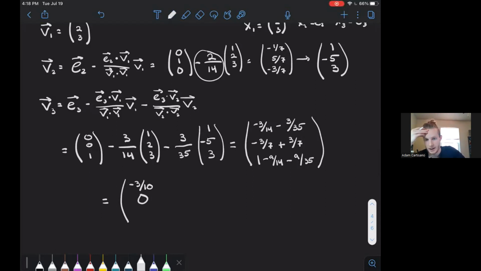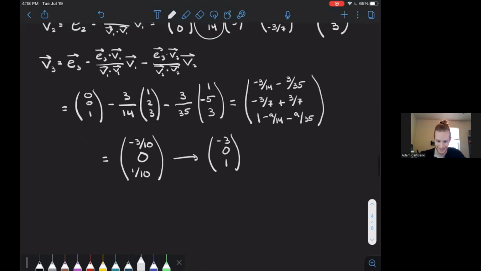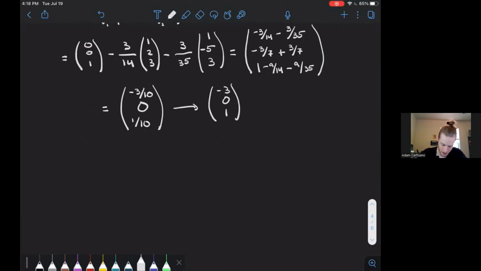And then, okay, 9/14 is 45/70. 9/35 is 18/70. 45 plus 18 is 63. So it'll be 70 minus 63, wow, 1/10. Which we can then scale up to (-3, 0, 1). Looking good. Okay. And so we have an orthogonal basis.